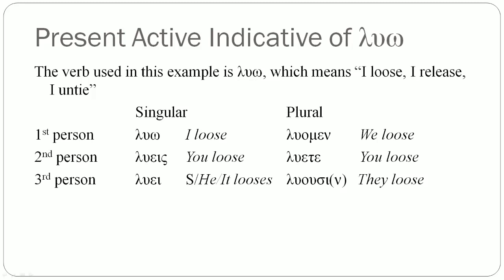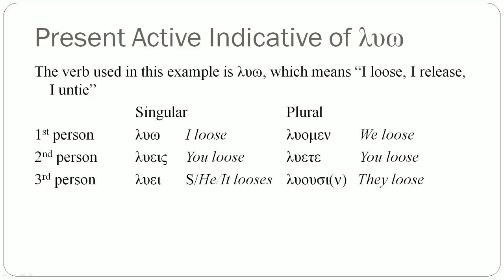Second person, lueis. You loose. Third person singular, luei. Epsilon iota. She, he, or it looses. All right, those are your singular forms, first, second, and third person. Now going to the plurals. First person plural, we, is luomen.